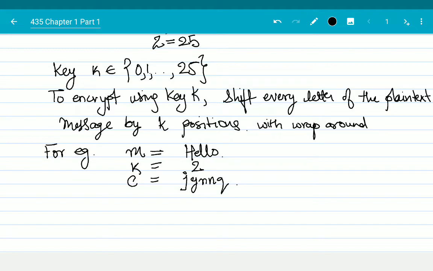Okay. And how do I decrypt it? So this is my encryption.